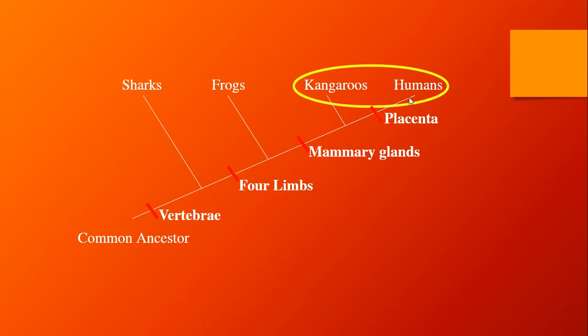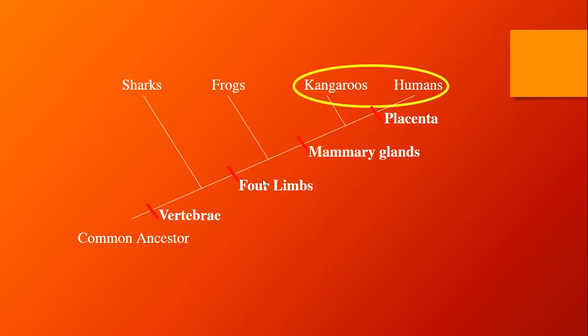The mom gets pregnant and the full development happens inside the body. That only happens in humans here. But kangaroos have that little pouch on the outside, and a lot of the development occurs in there, so they don't have a placenta.